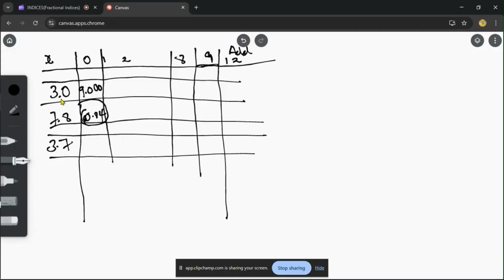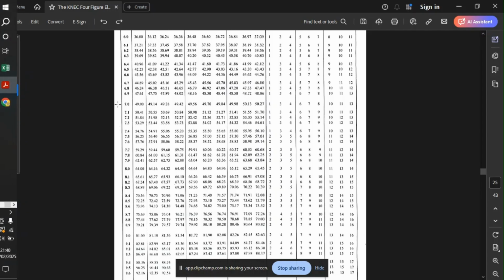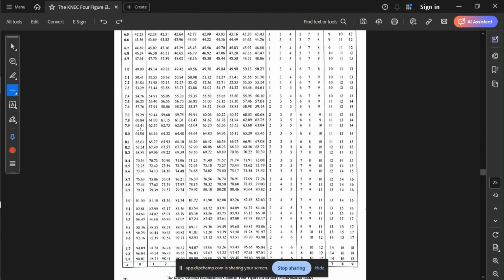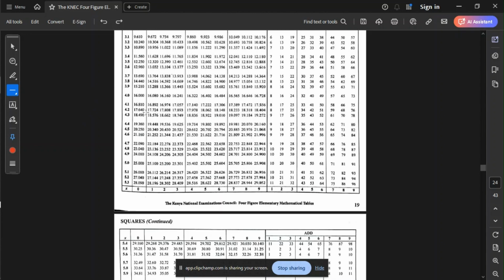So 3.78. Then I check what is the answer here from my table. I want to check what is the answer that falls here. So if I go to my tables again, I am checking 3.78. This one is supposed to be on top here, 3.7.